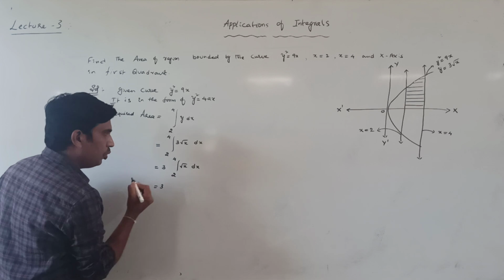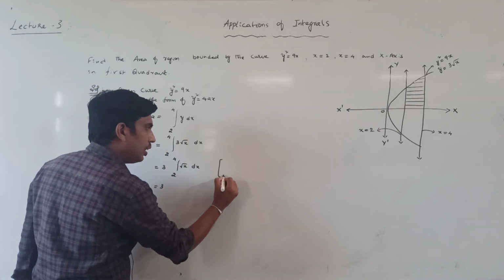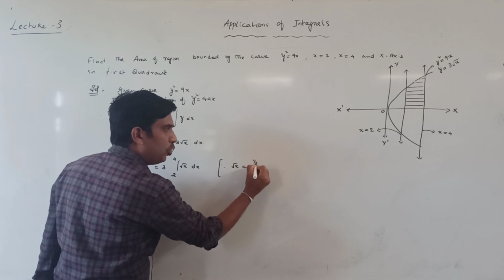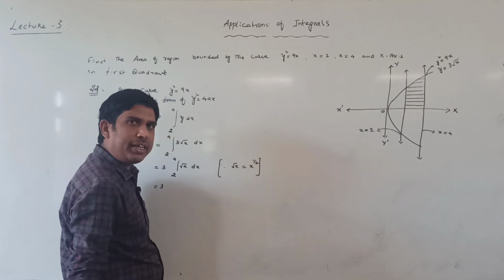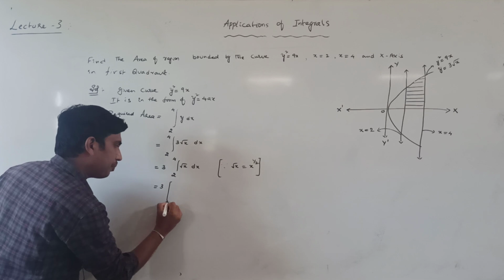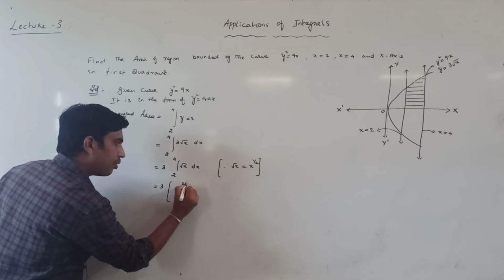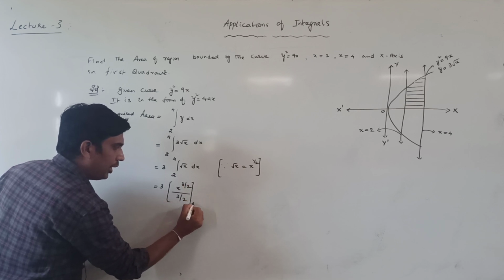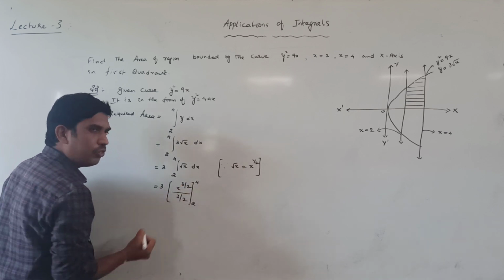So 3 into, root x is nothing but x power 1 by 2. So what is the integral of x power 1 by 2? It is x power 3 by 2 by 3 by 2, limits from 2 to 4.